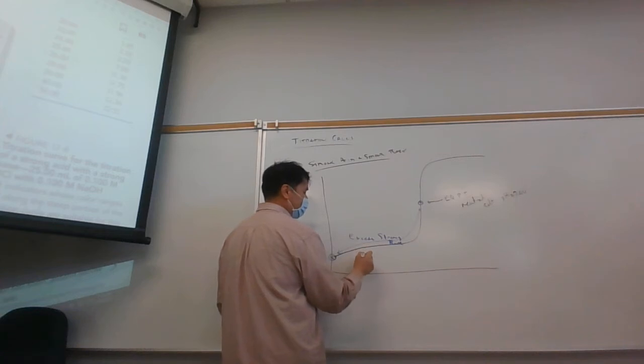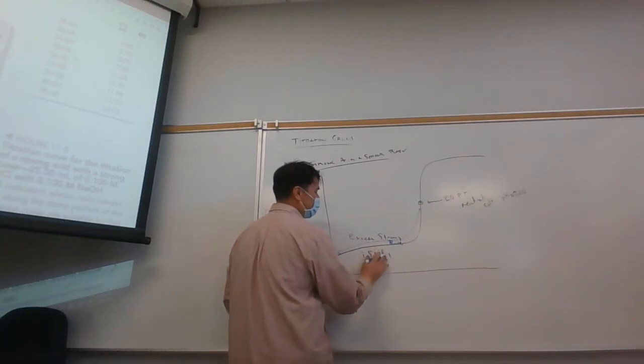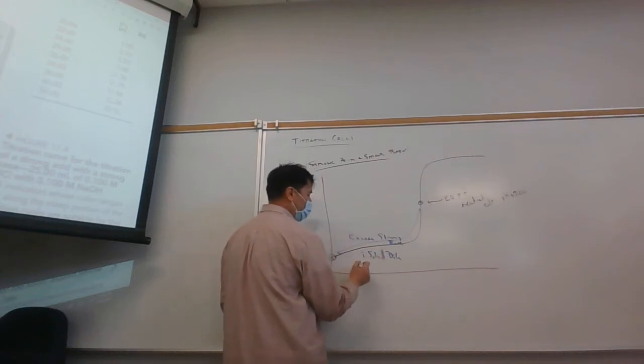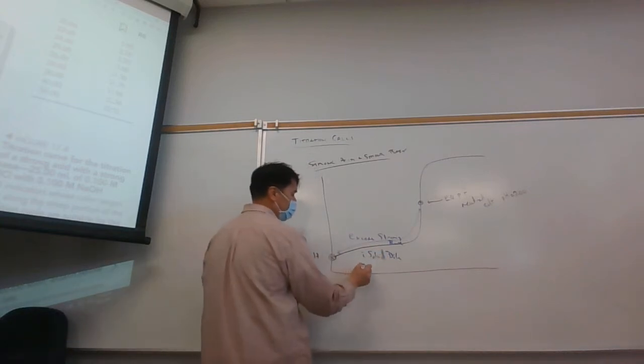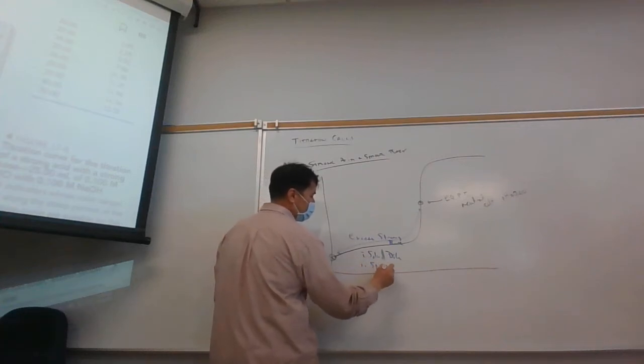Excess strong acid, we have step 1, which is solution dilution. And then the next step, I'll call it 2 here, would be strongest acid plus strongest base.